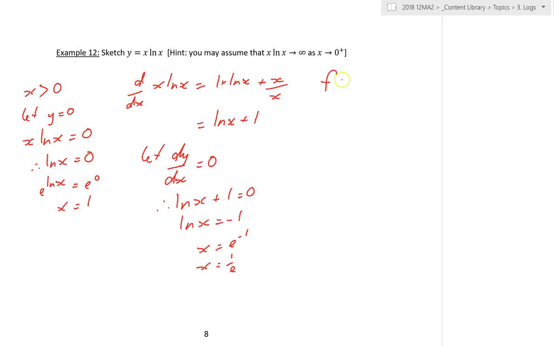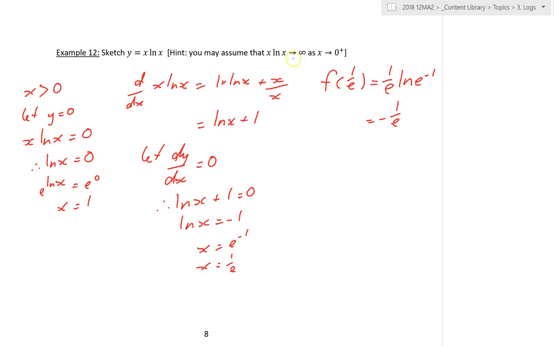Now, the function of 1 over e equals 1 over e times the log of e to the negative 1, because that's 1 over e, and that works a bit better. Because that's negative 1 here, I get negative 1 over e. So, I have a stationary point at 1 over e, negative 1 over e. I have an intercept at 1, 0.